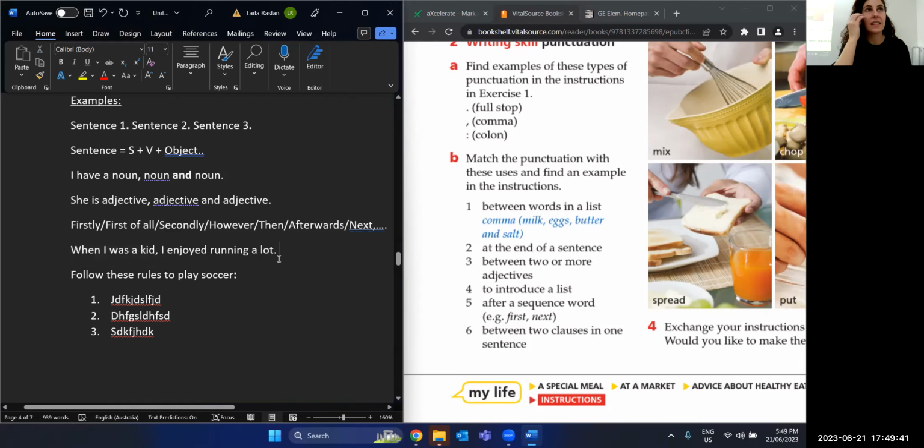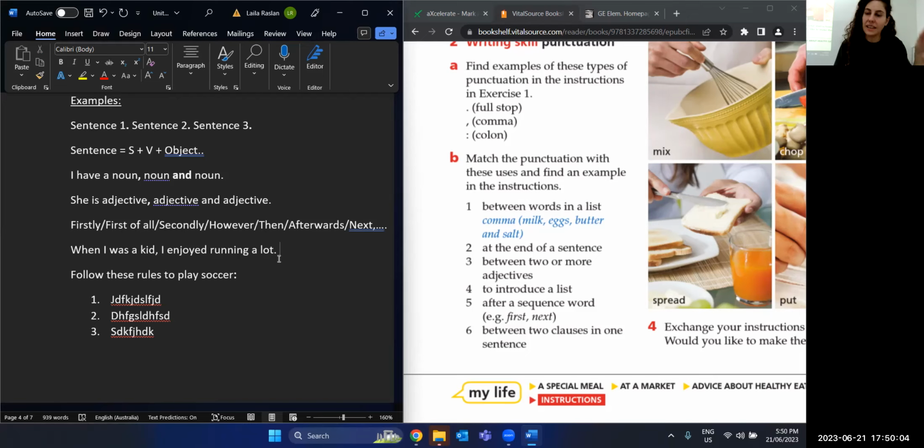Another example is, I love Paris so much, comma, that I want to go every year. So that's when we use a comma, when we have two clauses.